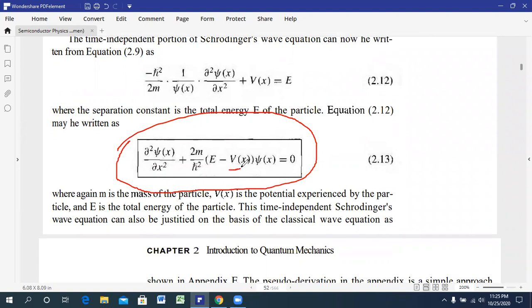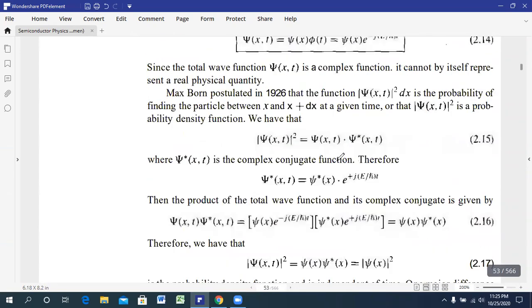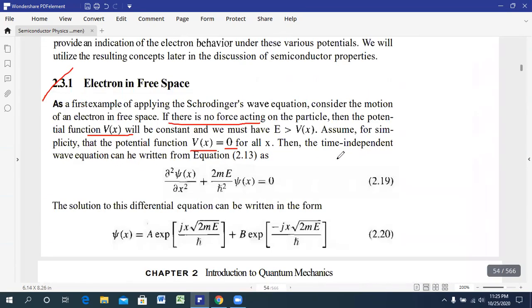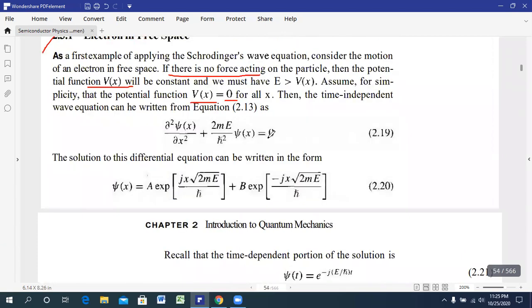Now if we assume there is no external force or no external potential, that means V of x should be equal to 0. So if V of x equals 0, then our equation should look like this.